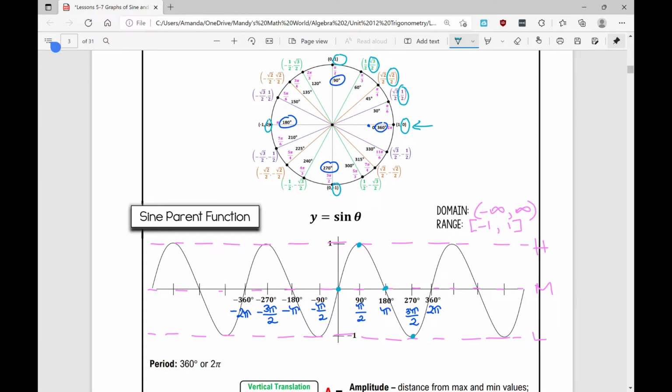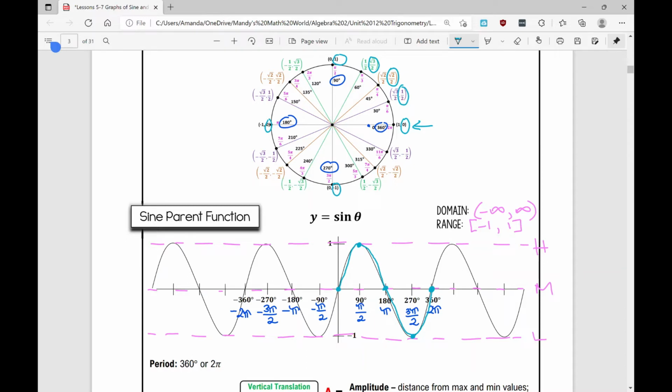Remember, I drew that circle and just kept going continuously at the beginning of the lesson. That's why this is all just going to repeat. It is a periodic function. And there is the length of one period.